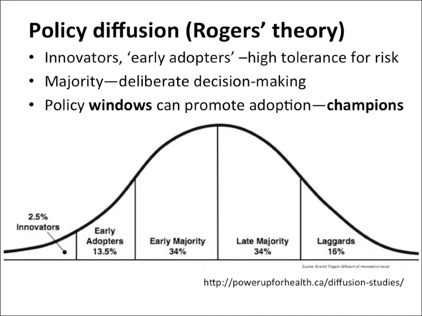And majority communities tend to be those who engage in very deliberate decision making and draw in a wide array of jurisdictional influences before making the decision to implement an innovation or intervention for their own community. And then the final stage is laggards. It's not a very nice word, but it's from the theory. But the idea of laggards is that these are the people that wait until the messaging and the evidence is totally in, and it's almost inevitable that they adopt it by the time the full majority and the innovators and early adopters have done so.